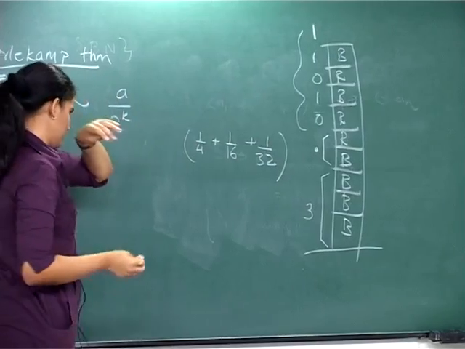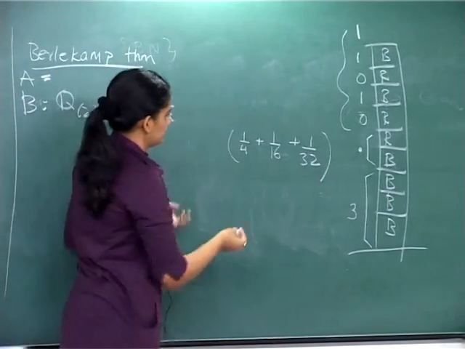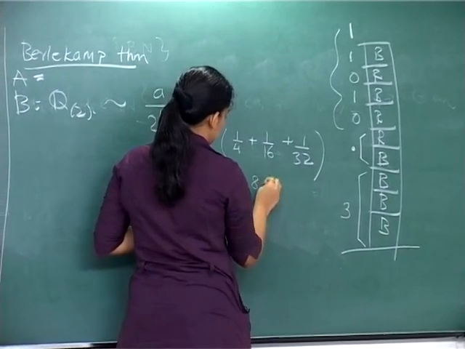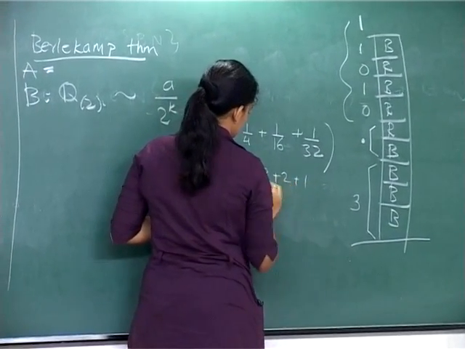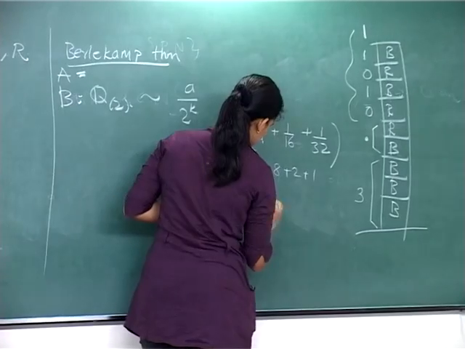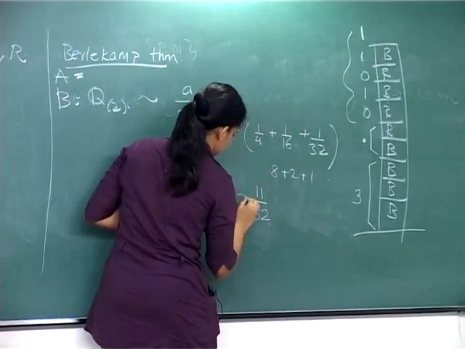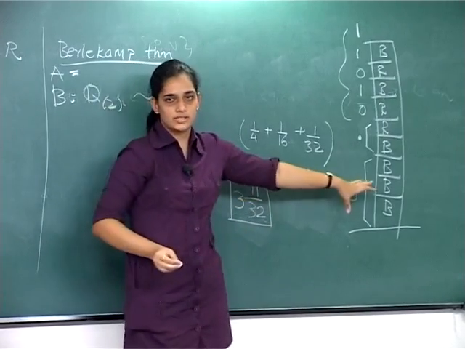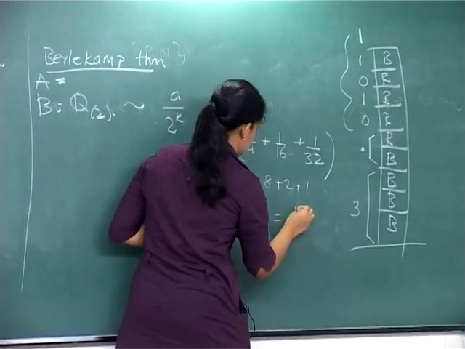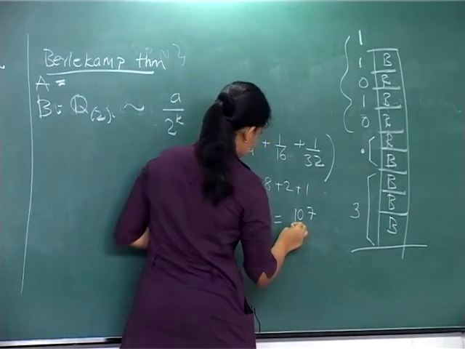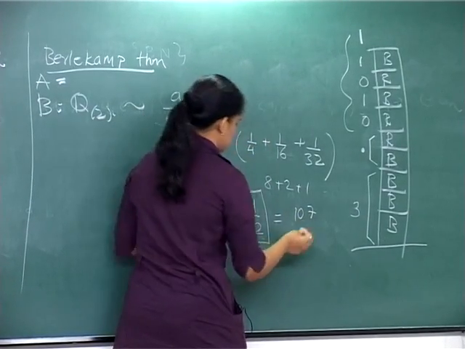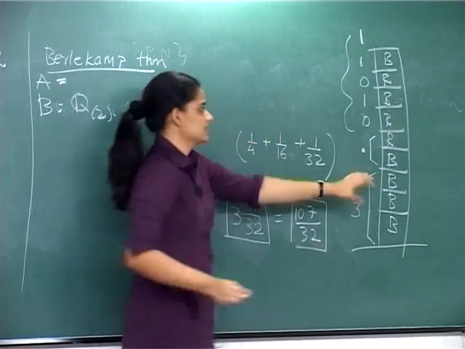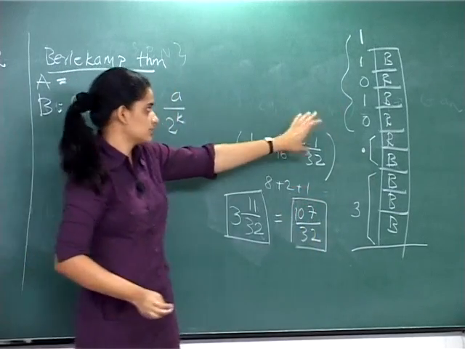So this will add up to 8 plus 2 plus 1, 11/32. So 3 and 11/32. This is the value of this string, which is equal to 107/32.